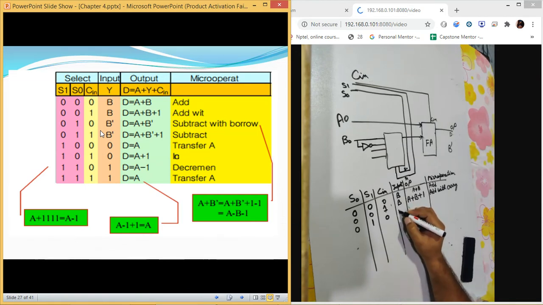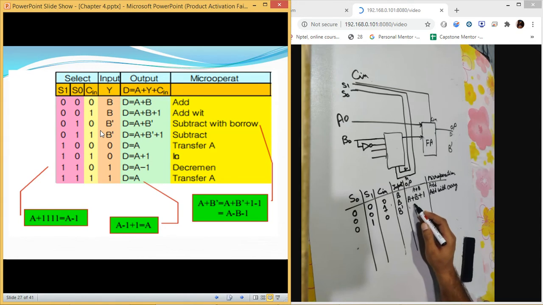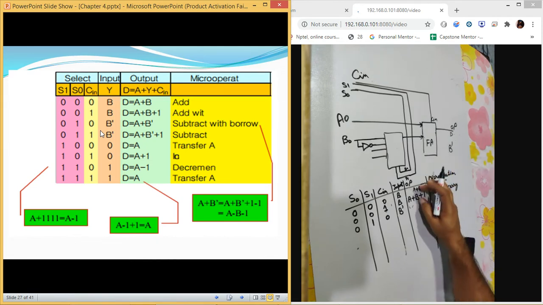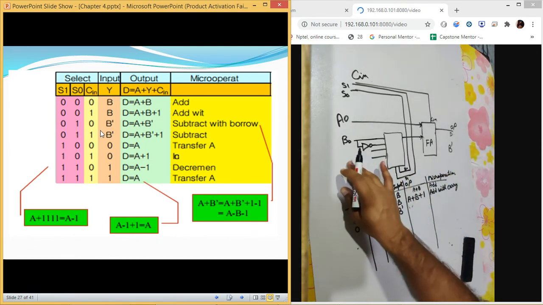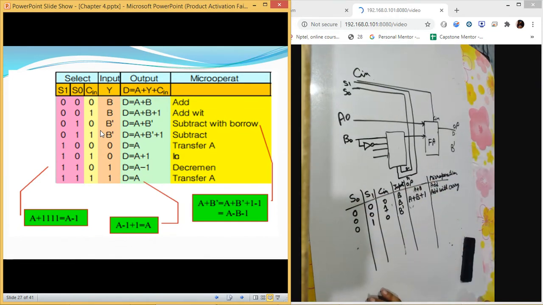So the input is now becoming B dash. This input is something we choose, what we have to give as an input. If we give B dash at this place, then this operation will become A minus B, A plus B bar plus 1. Only the operations are going to change. It is not incorrect; the thing is your truth table will change. Only that is the difference.